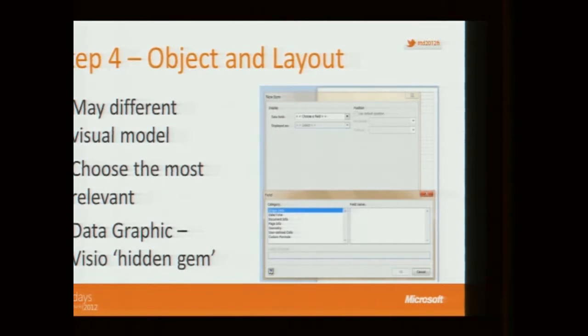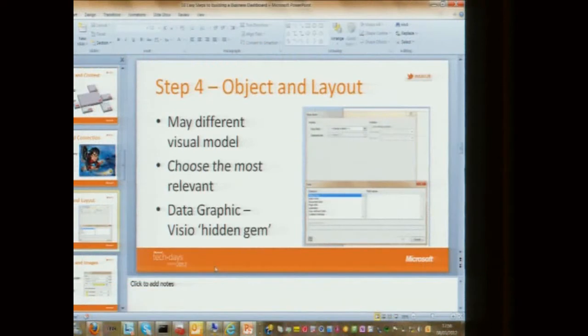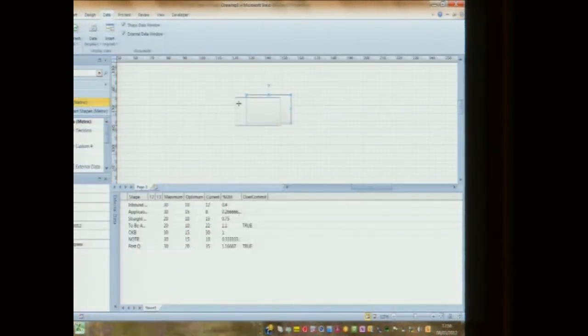So now the question really is, how do we want to display the data? We've got an incredibly powerful tool, which I'm just about to show you, that allows us to be incredibly varied in the way that we display the data. So let's go back and have a look at what I mean by that. Currently we have a shape here, and we have some information here.